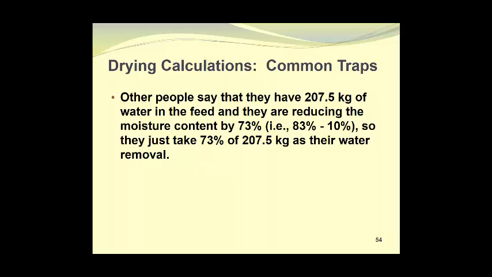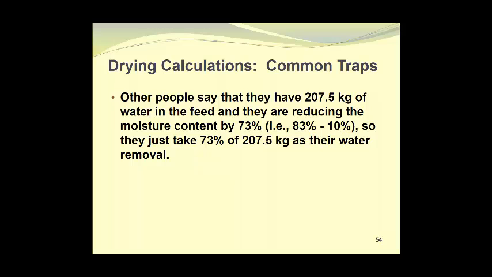Other people say that they have 207.5 kilograms of water in the feed and they are reducing the moisture content by 73%. Once again, this is the difference between the 83% initial wet basis moisture and the final wet basis moisture content of 10%.